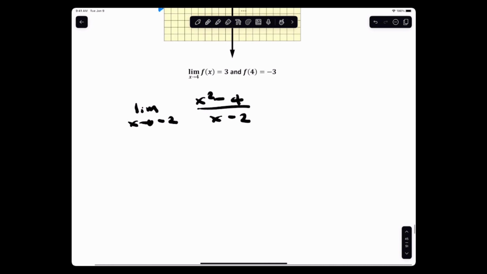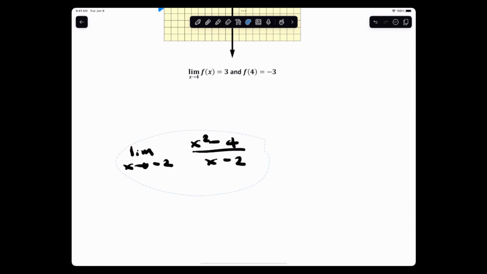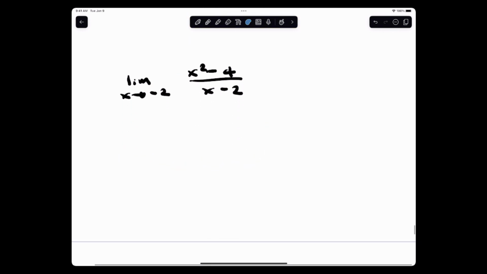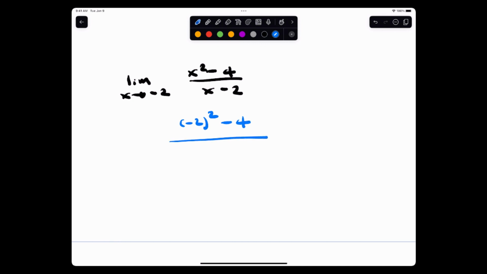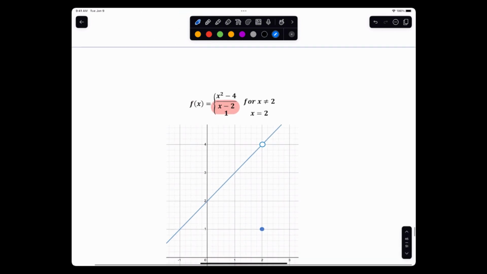So even if they just give you this question, let me move it down here, and you proceed to apply direct substitution. What's going to happen as you apply direct substitution? 2 squared minus 4 over, oops, is it plus?